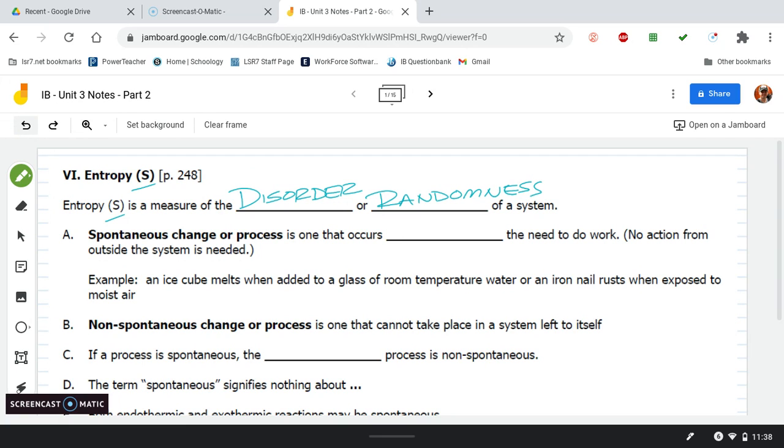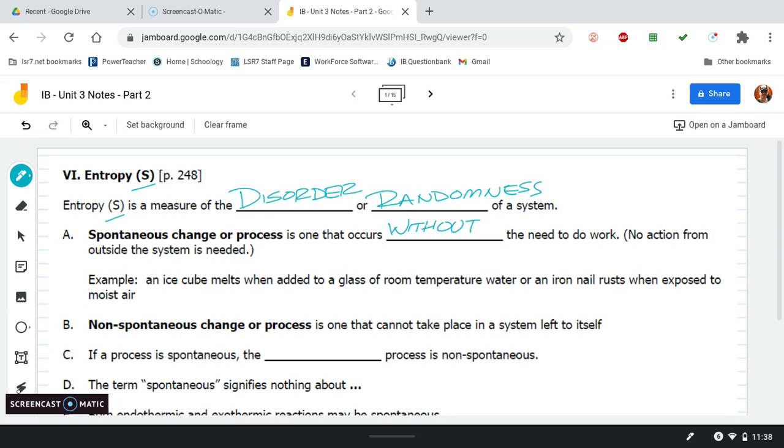So a spontaneous chemical change is something that's going to happen without a bunch of work. Work in science means that you're adding some sort of action or influence for that to happen.